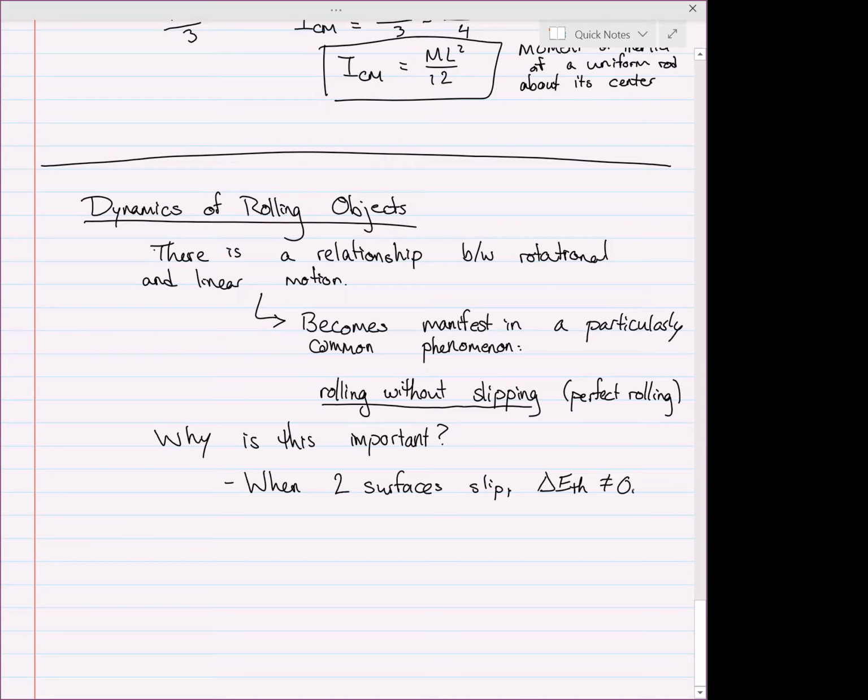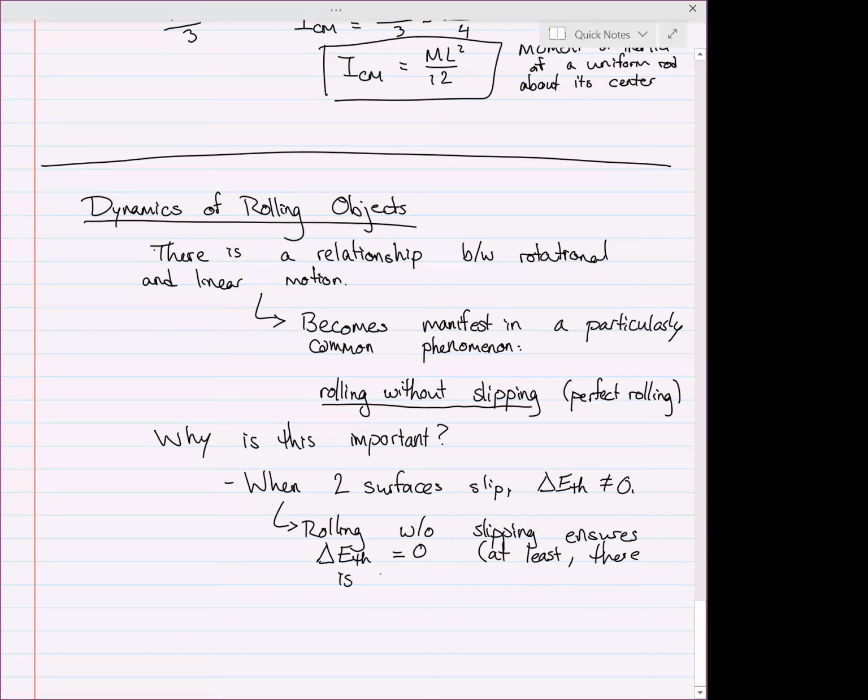It typically increases. However, rolling without slipping ensures, I'll clarify in a minute, that the change in thermal energy is 0. And that's because there is no kinetic friction.